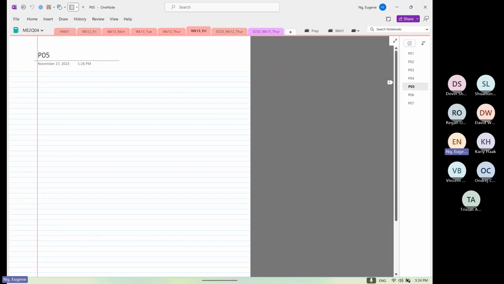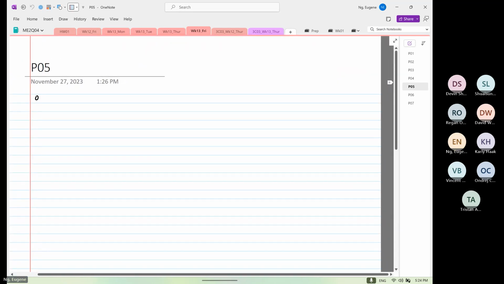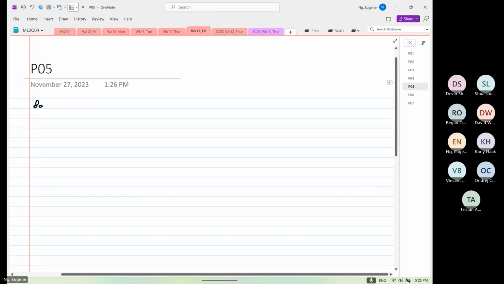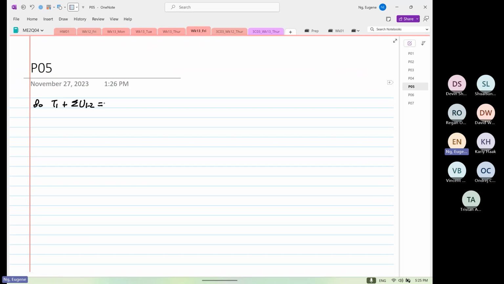Okay. So therefore, we are going to apply the formula where T1 plus the summation of U1 to 2 is equal to what? T2.